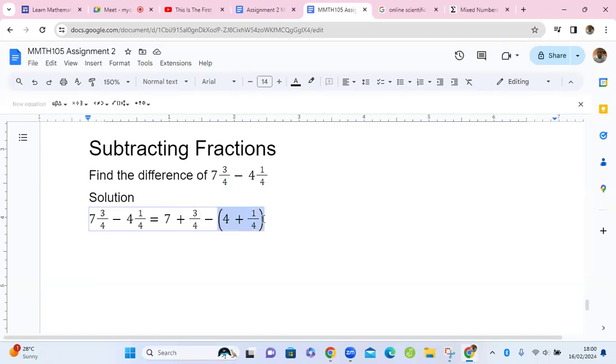Okay, so this now simplifies to 7 3/4 minus 4 minus 1/4 also.